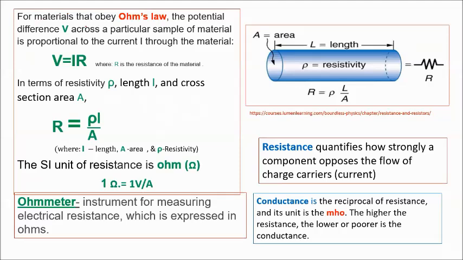Okay, for materials that obey Ohm's law, the potential difference V across a particular sample of material is proportional to the current I through the material.